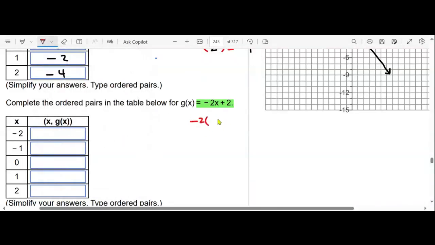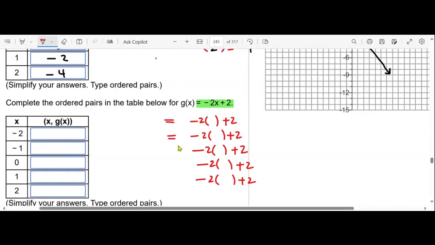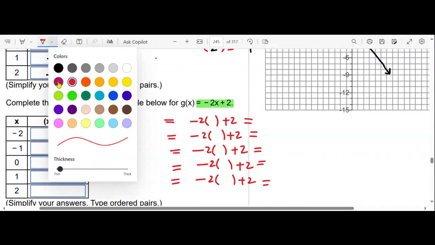It's going to be -2x plus 2, and you repeat this how many times? 1, 2, 3, 4, 5. 5 times, right? And what are the values?